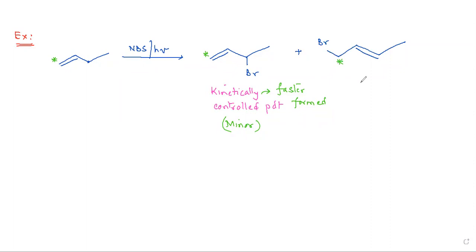Now this is what we call thermodynamically controlled product. Thermodynamically controlled is in fact more stable. Resonance stabilized one, and remember this is major.